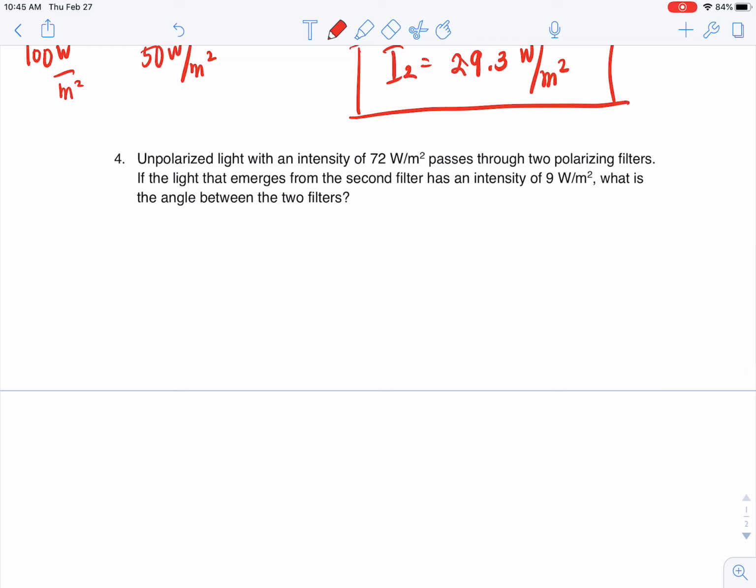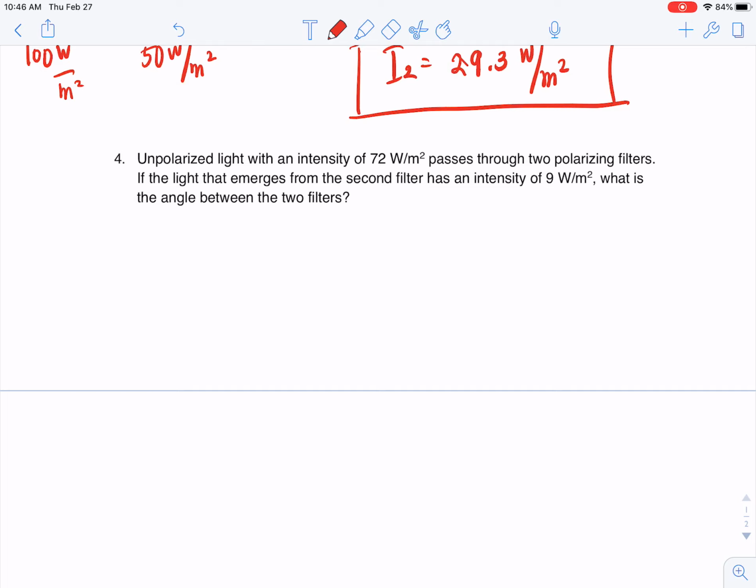Unpolarized light with an intensity of 72 watt per square meter passes through two polarizing filters. If the light that emerges from the second filter has an intensity of 9 watt per square meter, what is the angle between the two filters? All right, this is a different question compared to the last three.